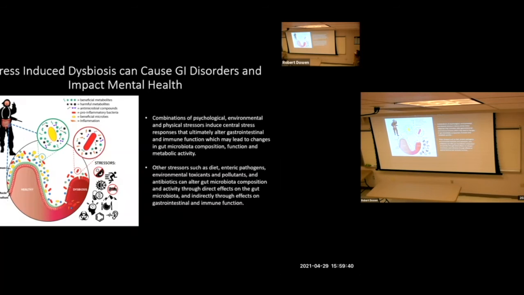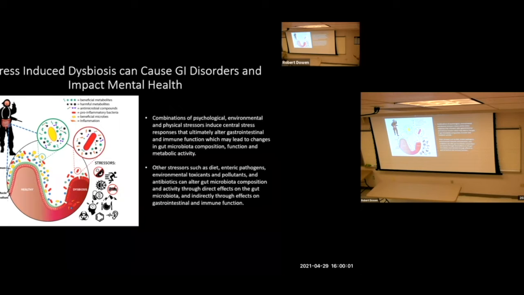So stress is another factor that can induce dysbiosis and cause GI disorders. And this is a figure from a study that they did with soldiers. So soldiers are under an incredible amount of combined stresses. So physiological, environmental, physical stress.